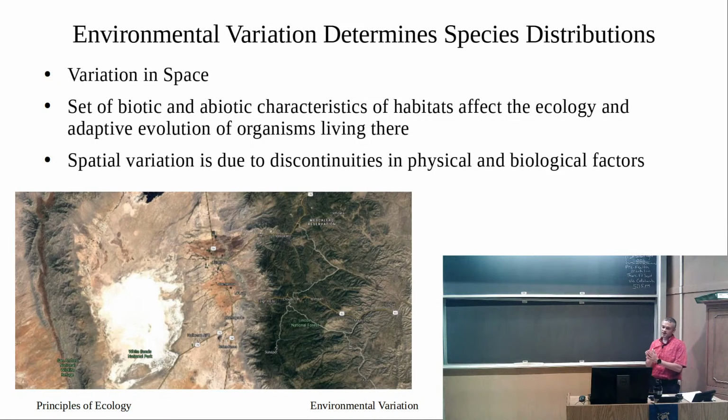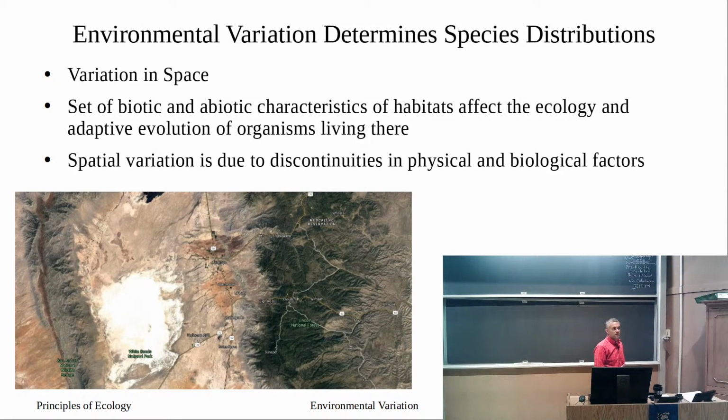So our environmental variation ultimately determines the species distributions. All right, and this variation is going to vary in space, and that's why we have different species maps. You just look at a range map of a species in the United States. It'll follow a pathway, and if you can figure out what their tolerance limits are, you can start to make sense that, oh yeah, that's why they're there.